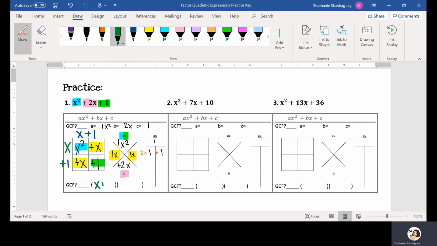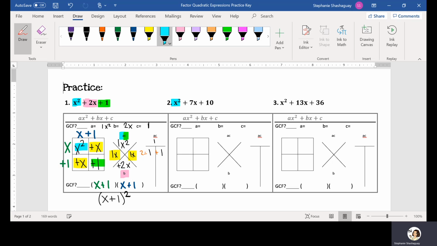So I end up with x plus 1 and x plus 1 as my factors. That can also be listed as just x plus 1 squared. Okay, this is a perfect square trinomial. So that's something I want you to be in the custom of looking for while we're in section 5 and 6.